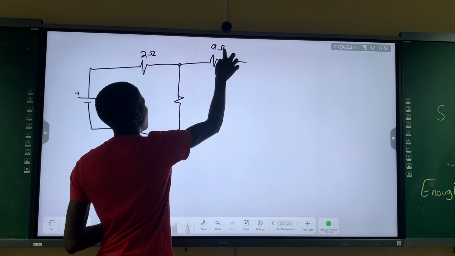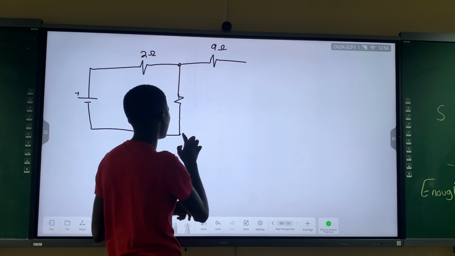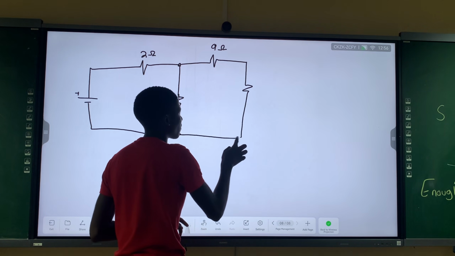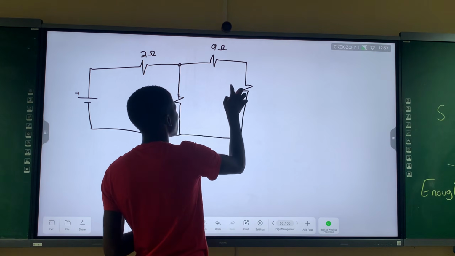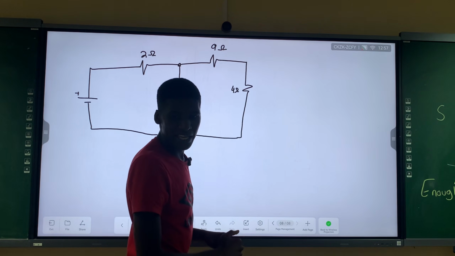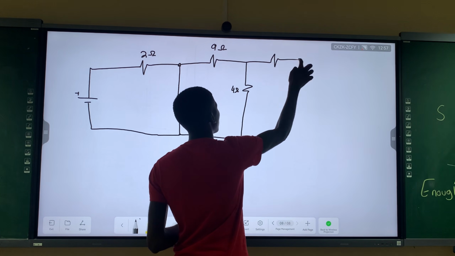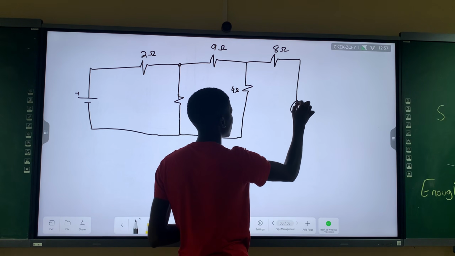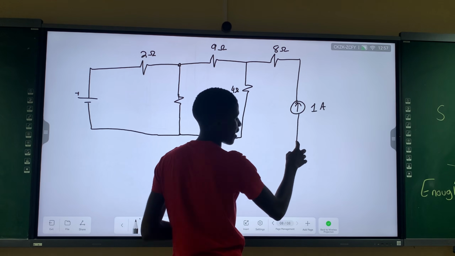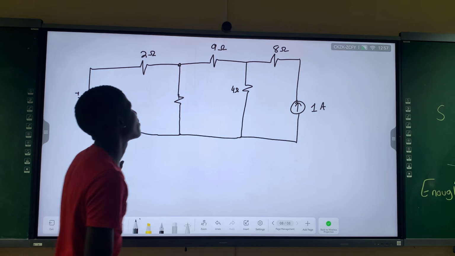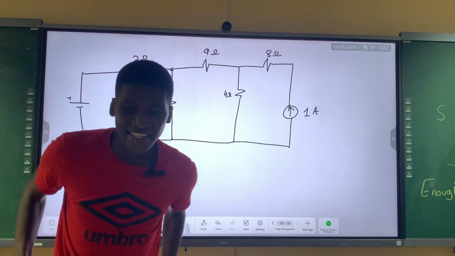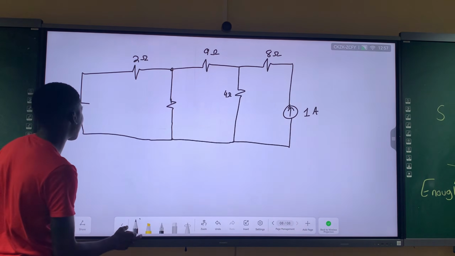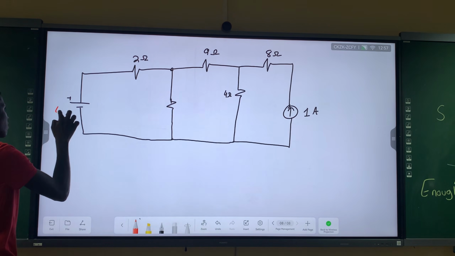So that's a 9 ohms, and then there is another 4 ohms, and then another 8 ohms, then there is a current source giving us 1 ampere, and then here we go. So they say given the circuit in the figure, calculate the current in the 10 ohms resistor using the loop currents. So they say use loop currents.